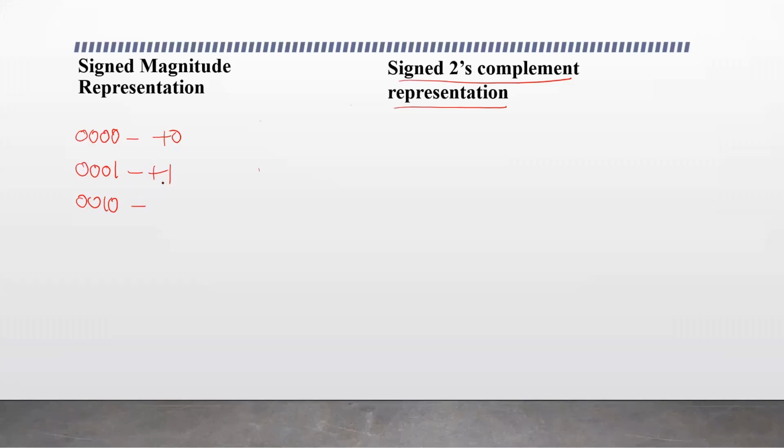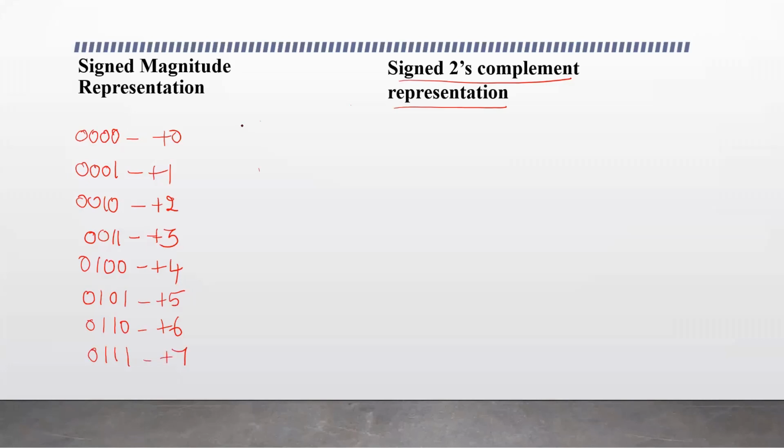Everybody take a note and write this down, so it will be helpful when we perform the arithmetic operations on 2's complement data. 0, 0, 0, 0 represents positive 0. 0, 0, 0, 1 is plus 1. 0, 0, 1, 0 is plus 2. 0, 0, 1, 1 is plus 3. 0, 1, 0, 0 is plus 4. 0, 1, 0, 1 again is plus 5. 0, 1, 1, 0 is plus 6. And 0, 1, 1, 1 is plus 7.